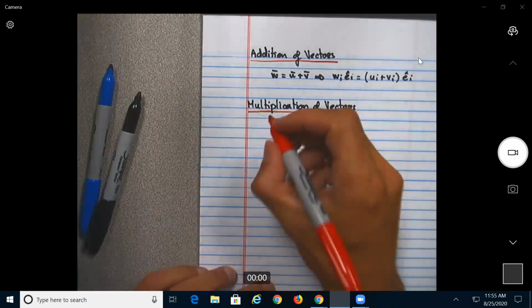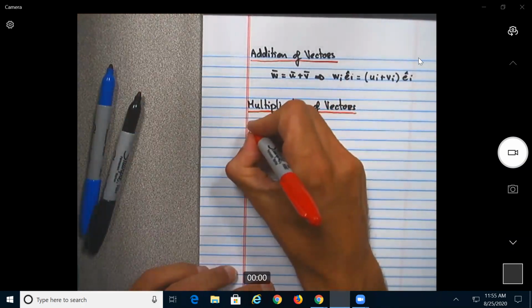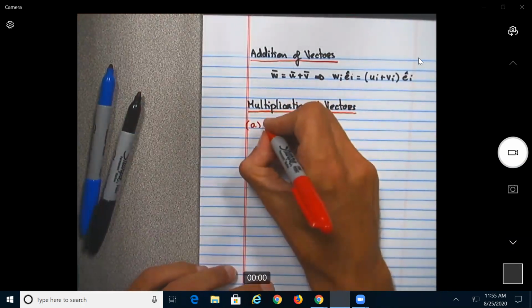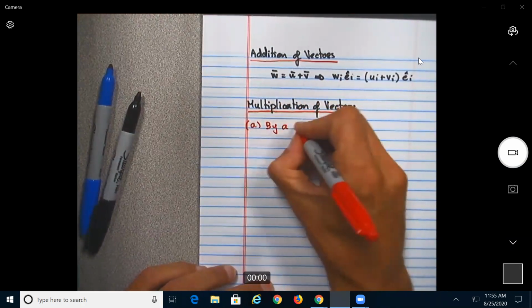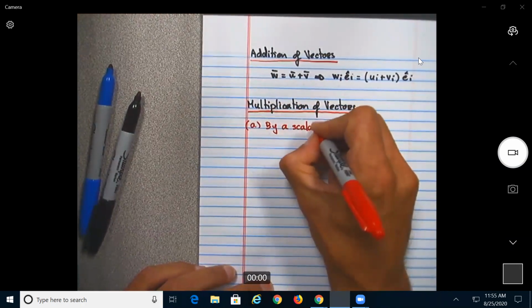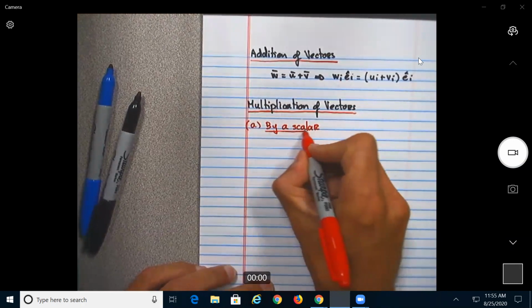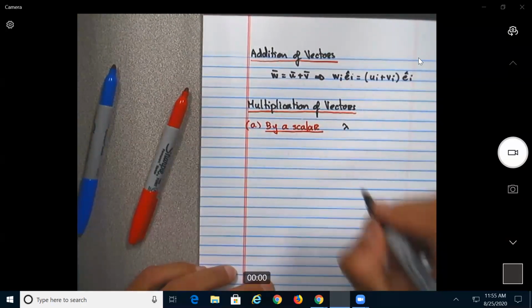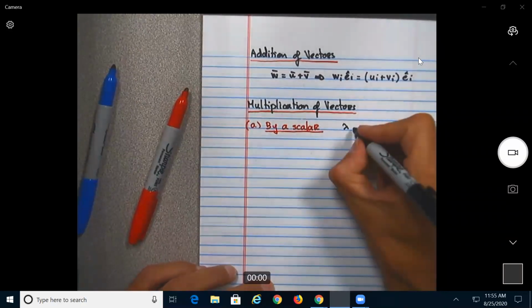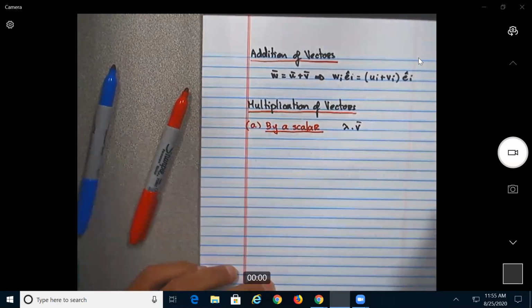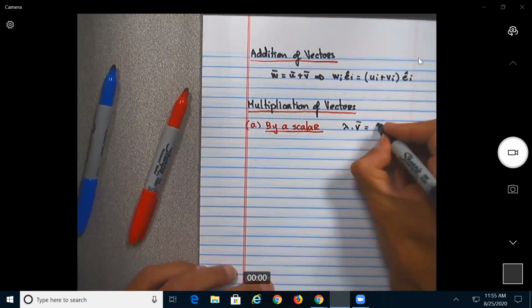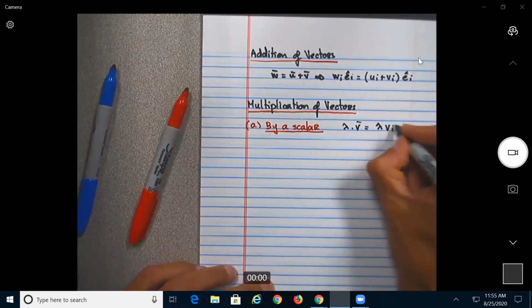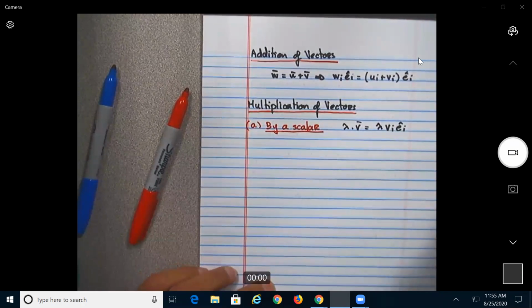You can multiply by a scalar value. So let's say your scalar is lambda times a vector V. This will be equal to lambda V_i E_i.